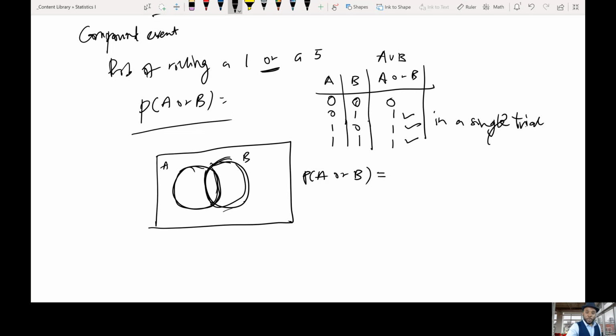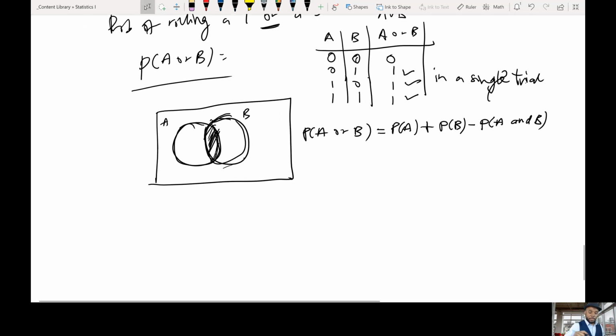So the probability of A or B is equal to the probability of A plus the probability of B minus the probability of A and B. A and B is this intersection, so we have to subtract one of them. That gives us the addition of all these events. So the probability of A or B, the union of A and B, is equal to the probability of A plus the probability of B minus the probability of A and B, the intersection.